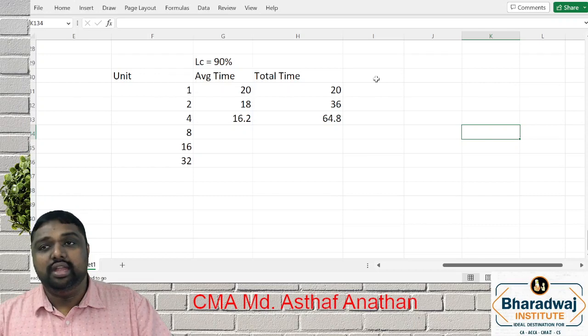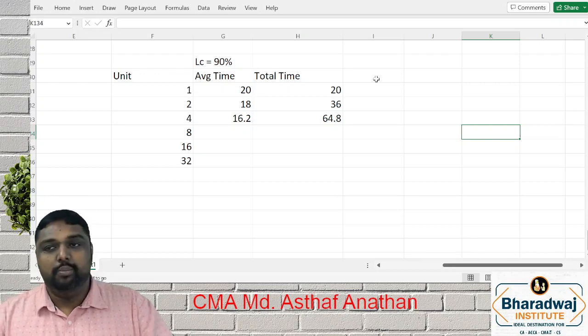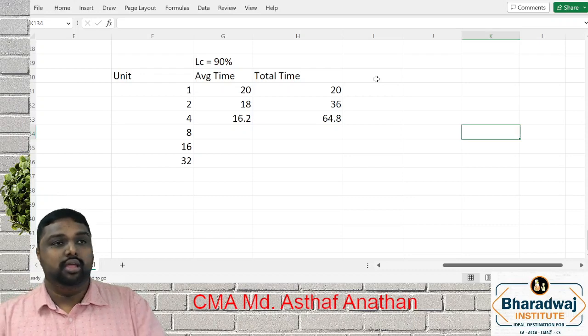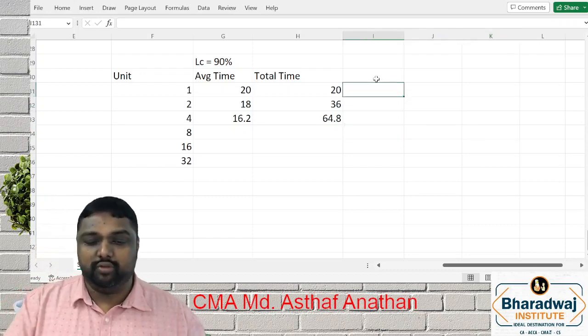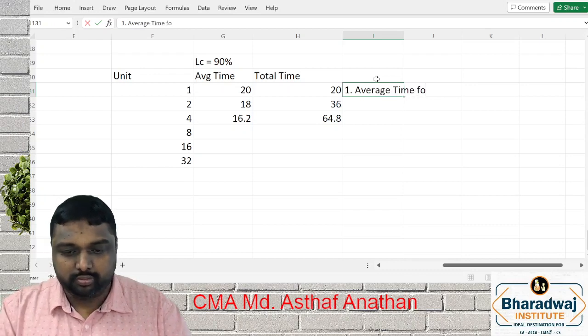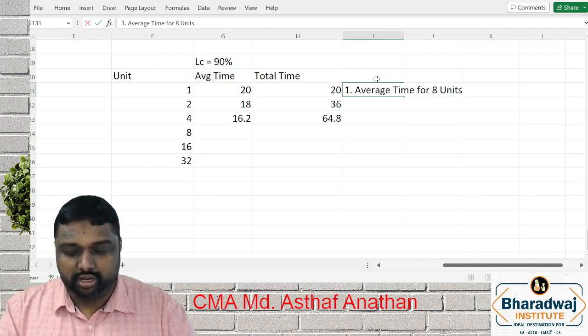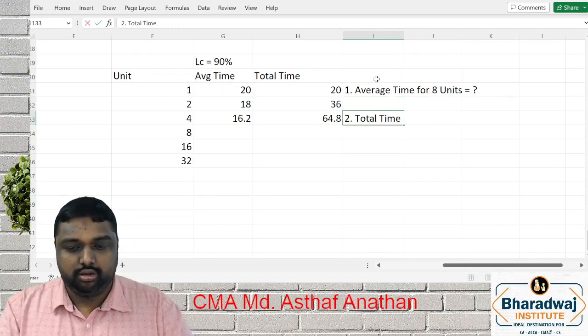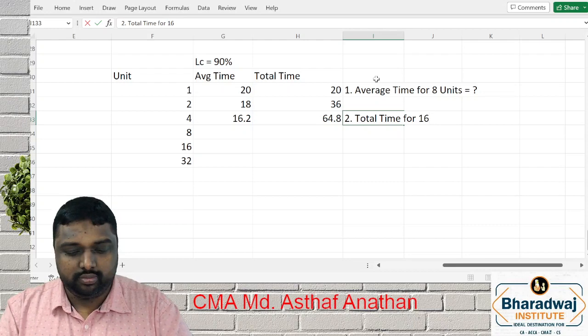Table root is the more preferable method because there is no need of algorithm table and all. It's a shortcut method. The first point I would like to ask you: average time for 8 units. Don't tell the answer, finally you can tell. Next, total time for 16 units.